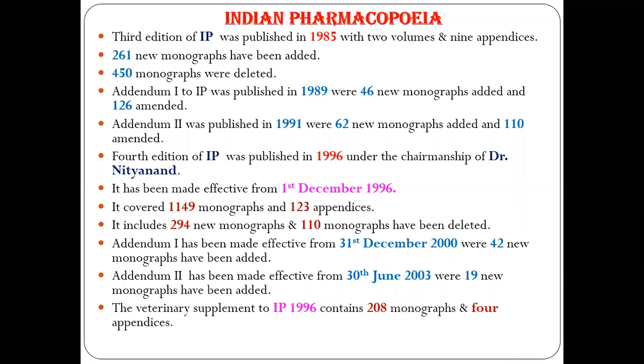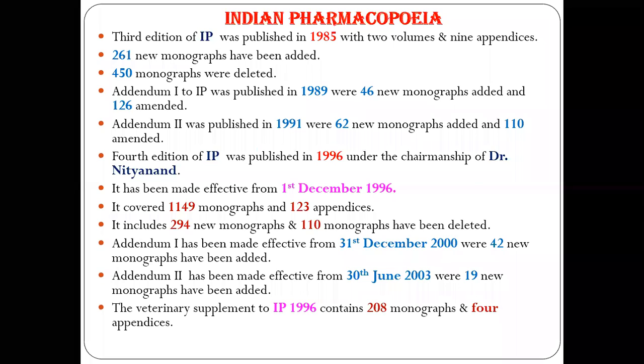Why have we deleted these from the previous list? Because some drugs may have been found to have toxic effects, some drugs may have shown side effects, some drugs may not have had the required action. That's why those 450 drugs, or the information of the drugs, were deleted from this book, and a fresh 261 new drug names were added.